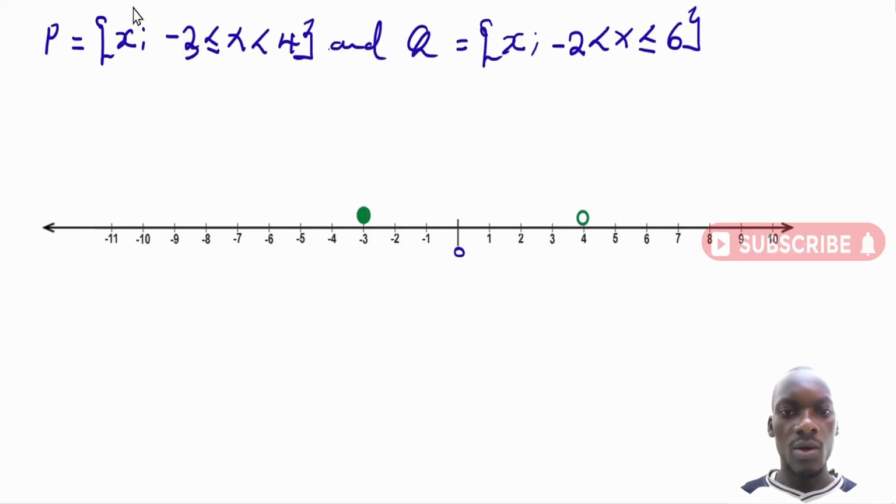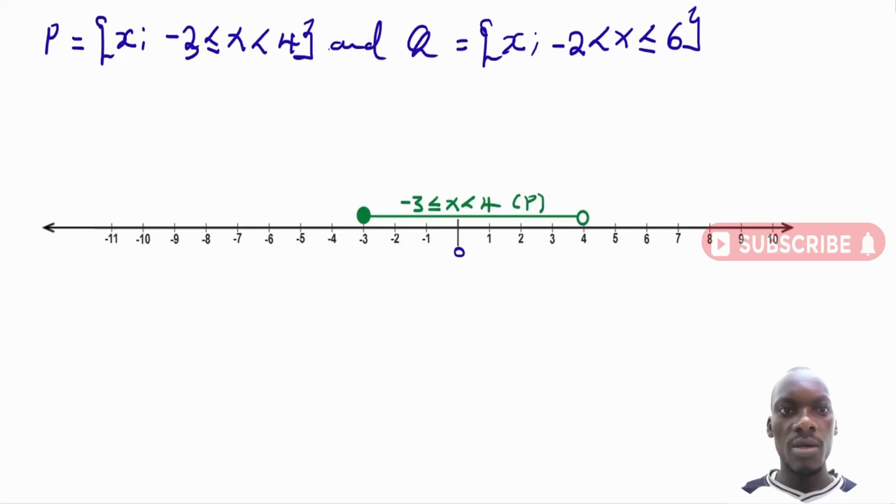Then we join these two with a straight line. This is for the inequality negative 3 less than or equal to X less than or equal to 4.